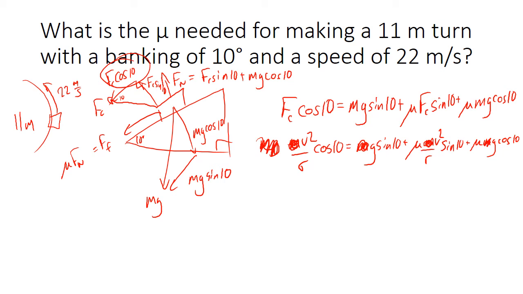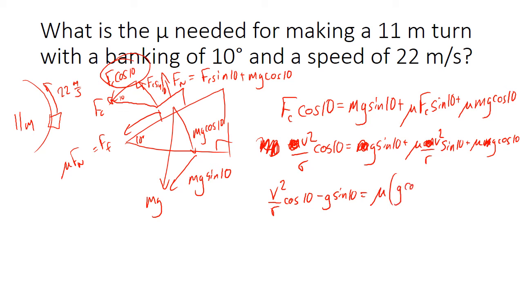All right. You could plug everything in to get numbers, but bah, who's afraid of algebra? So we're going to have v squared over r cosine 10 minus g sine 10 is equal to, I'm going to abbreviate and combine a couple steps.